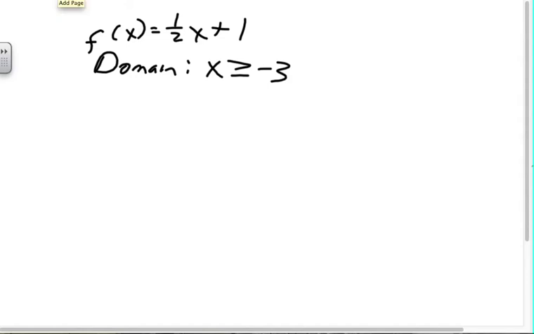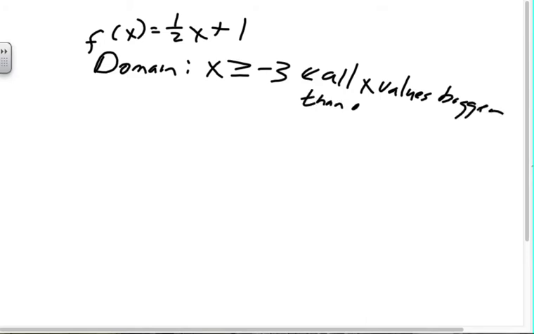And what this means is that all x values bigger than or equal to -3 are possible.